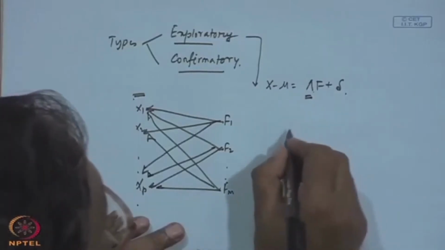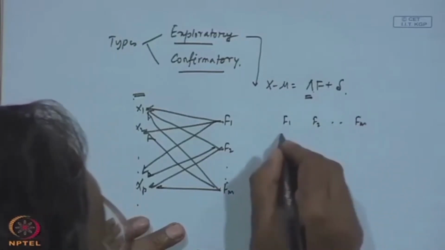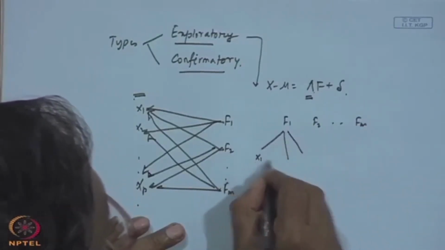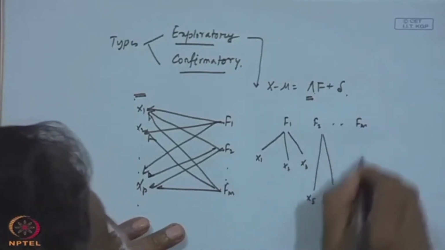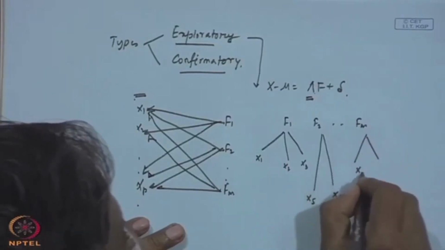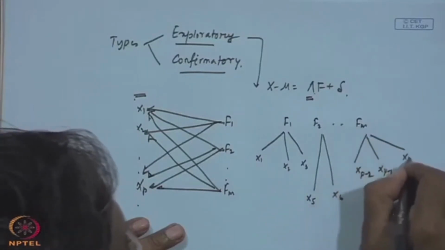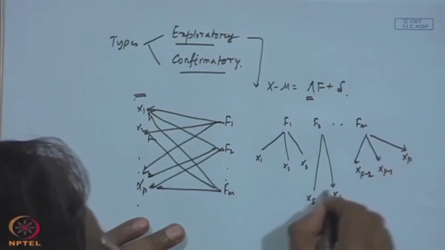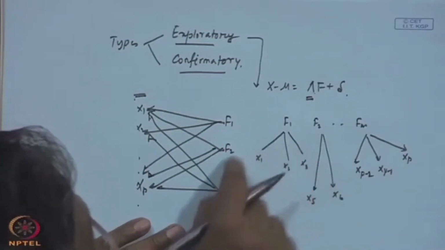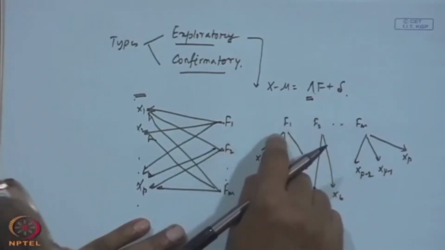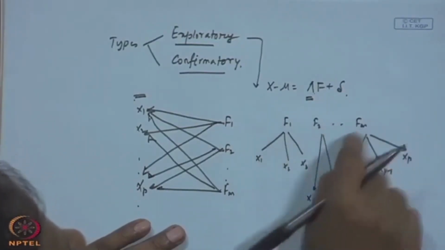What is that? There you say that f1, f2, suppose m factors are there, but you clearly know which are the variables x1, x2, x3, x5, x6, let it be x p minus 2, x p minus 1 and x p. You know clearly that 3 variables are because of factor 1, then another 2 manifest variables because of factor 2, this variable because of factor m.